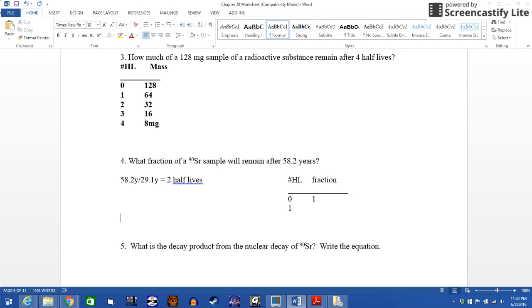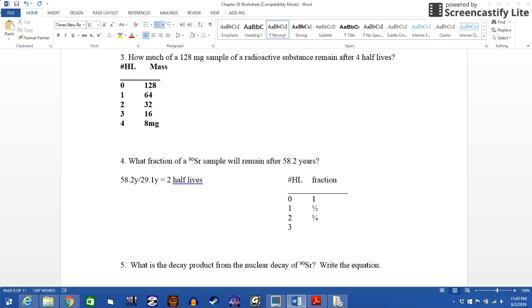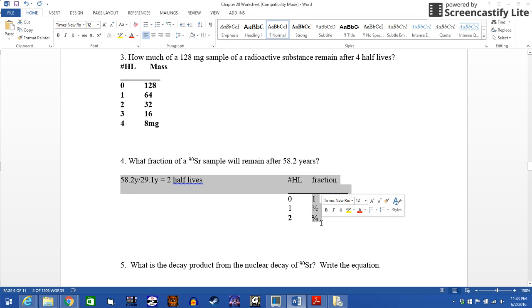One half-life, half. 2 half-lives, I have a quarter. 3 half-lives, I don't have to go that far because I only have 2 half-lives. Okay, right? That's what it said over here. So 1/4 is the answer. When you're done with your work, and this is all the work, actually.